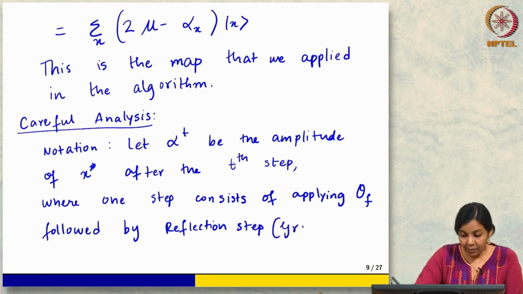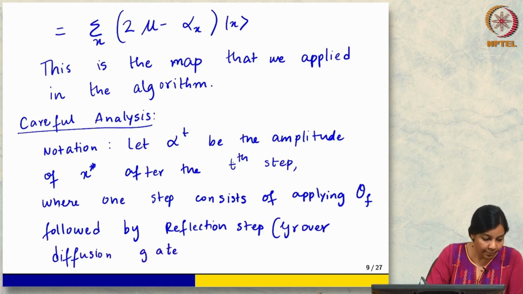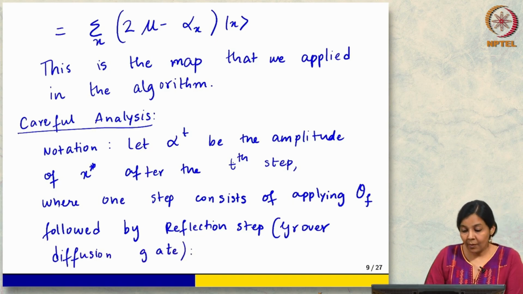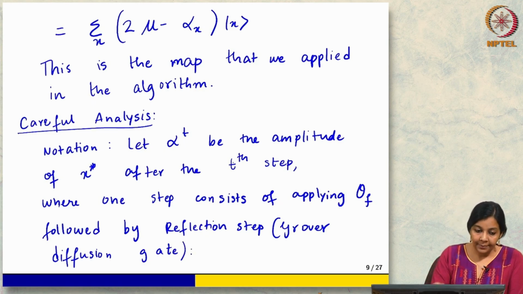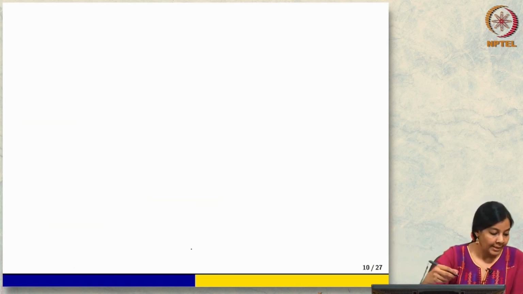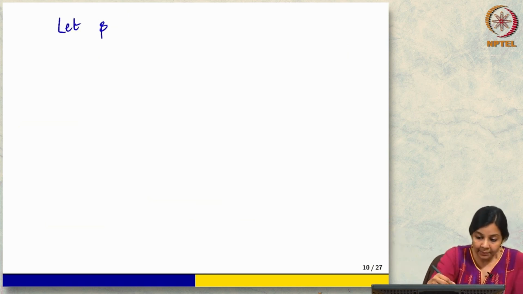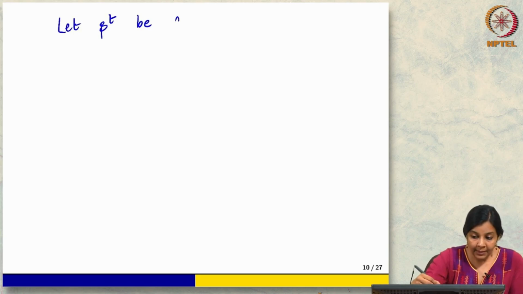This is also called the Grover diffusion gate. Okay. So, this is just some notation. Now, let beta t be the amplitude of any other point at the same moment.